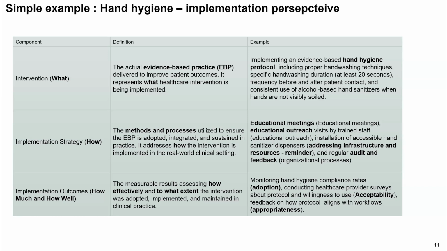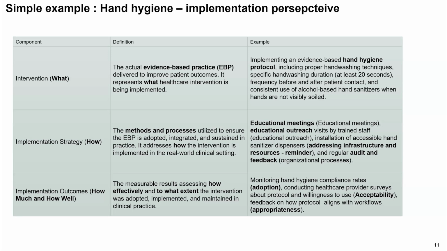And there are a number of articles that have been written around the protocols and the processes that have been used to improve hand hygiene. Then if we were implementing this, we'd be looking at how well and how effectively and to what extent the protocol was adopted. And so we might be looking at things like monitoring hand hygiene compliance rates.